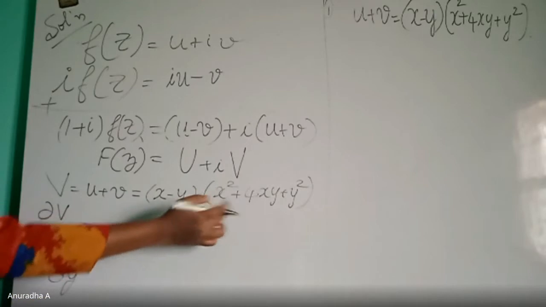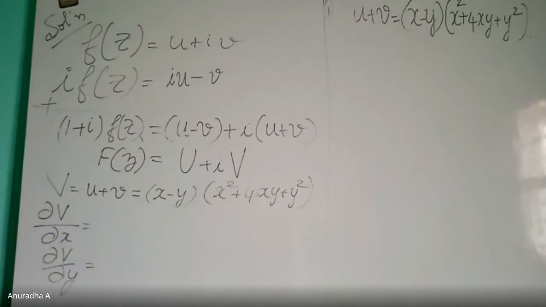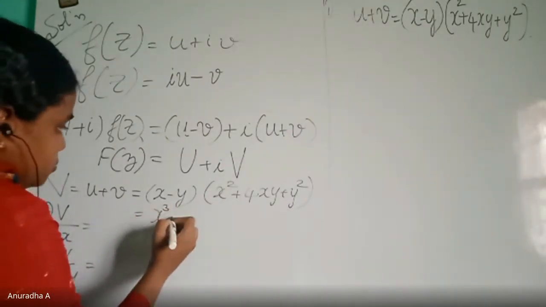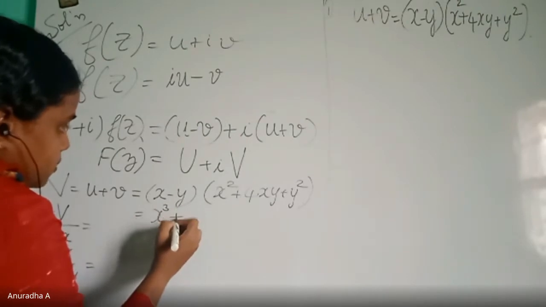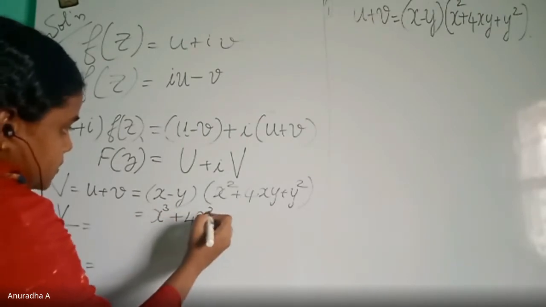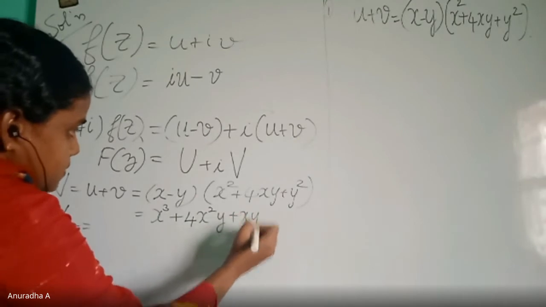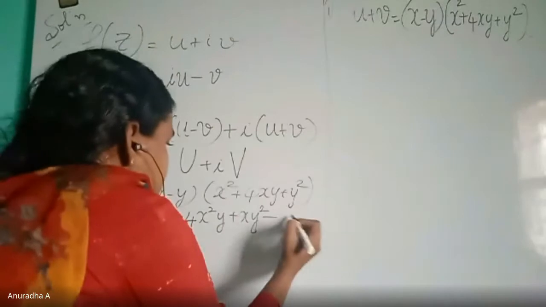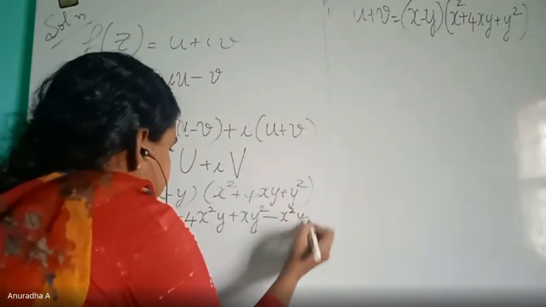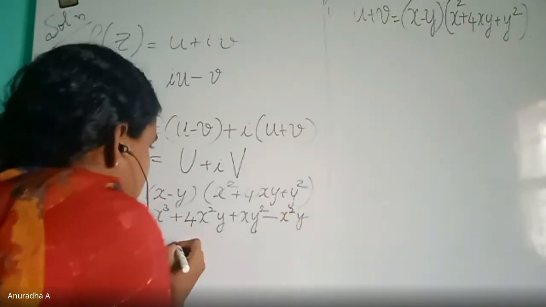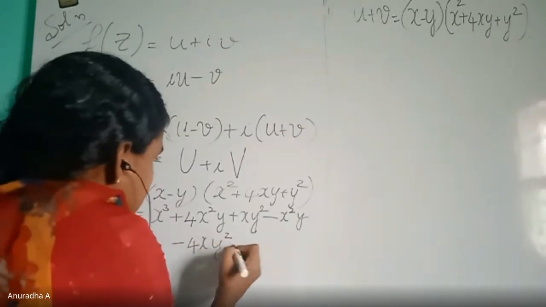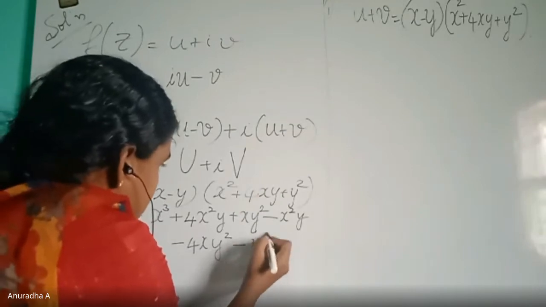Dou v by dou x, actually it's in product. We can better multiply it term-wise and keep it aside. So what will happen is, it will actually be x cube plus 4x square y plus xy square minus xy square, x square y, and minus 4xy square, minus y cube.